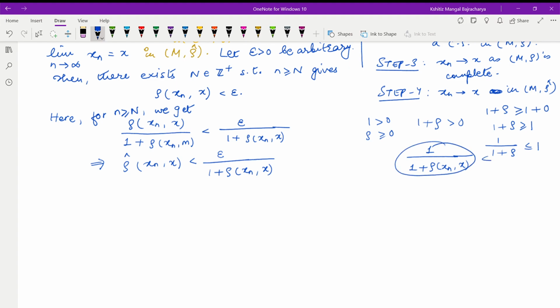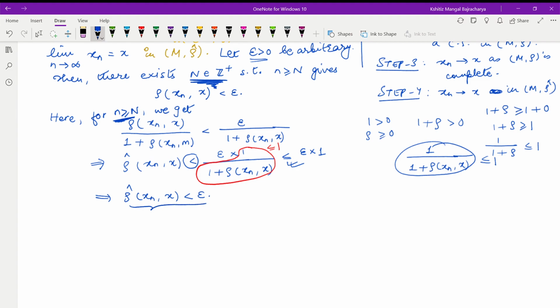So this is less or equal to epsilon times 1 over this whole thing, which is less or equal to 1, so we're going to replace it by 1. Since this inequality is more dominant, we get rho hat(x_n, x) to be less than epsilon. So we've taken any epsilon and found an N such that for n greater or equal to N, this holds.